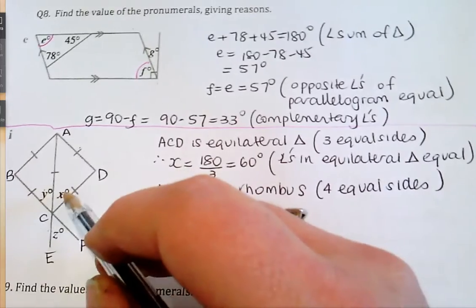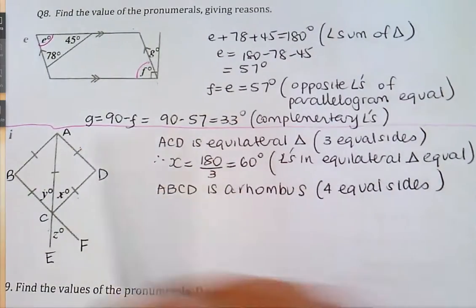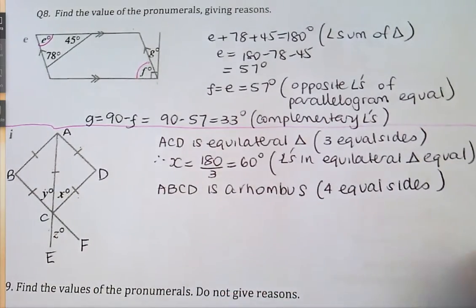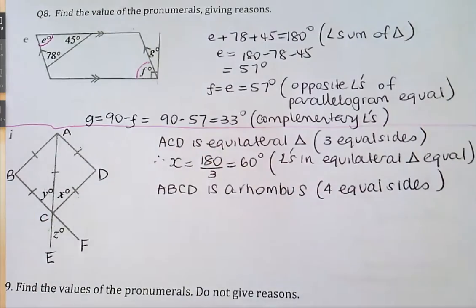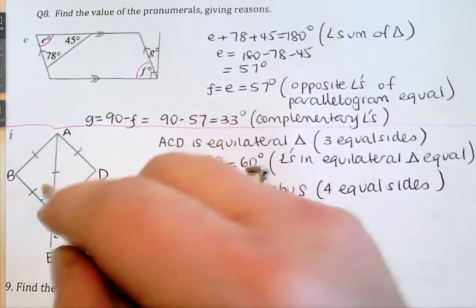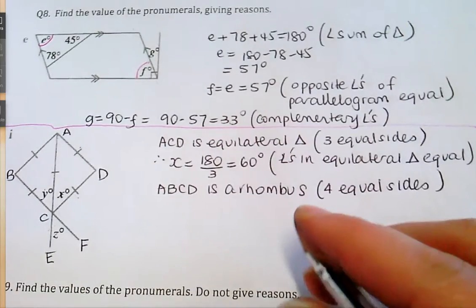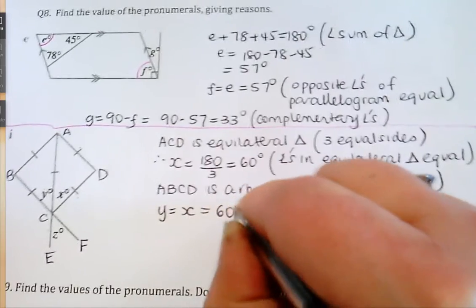So don't go putting that X is 45 and Y is 45. We've seen here that this is an equilateral triangle, so X is 60. Now, diagonals of a rhombus. This is a diagonal of a rhombus, and they happen to bisect the angles or the vertices of the rhombus. So Y is equal to X, which equals 60 degrees.